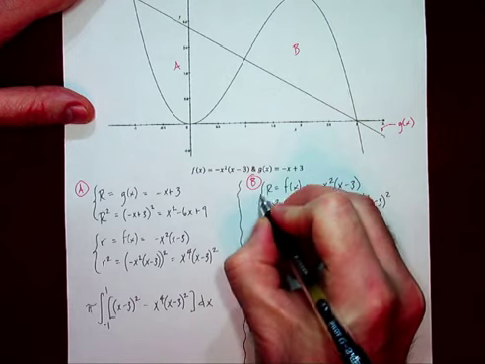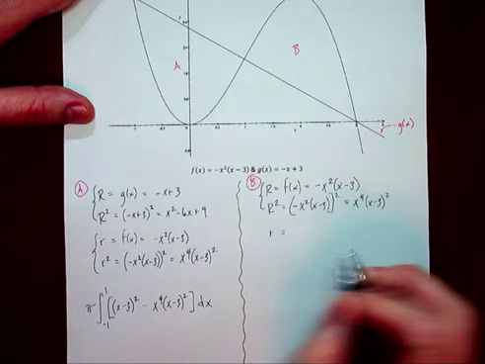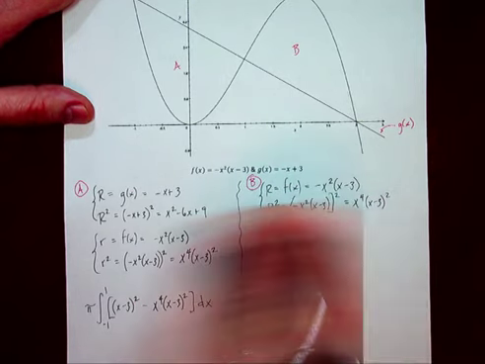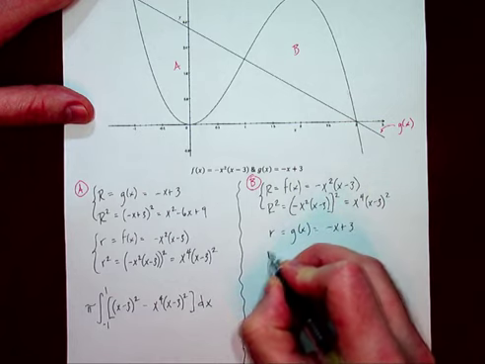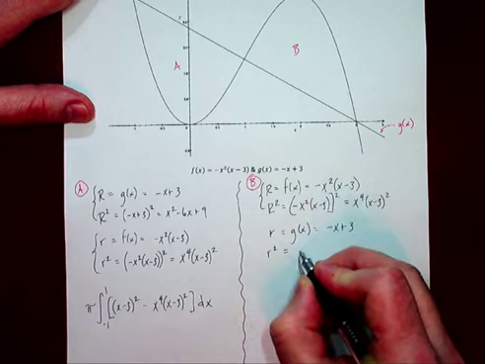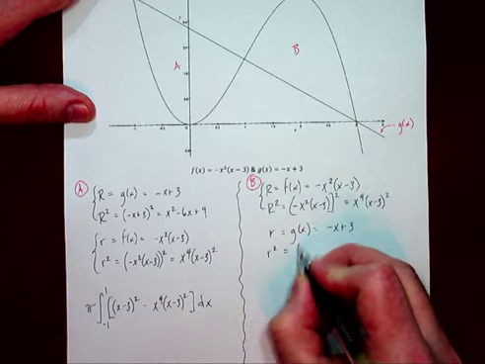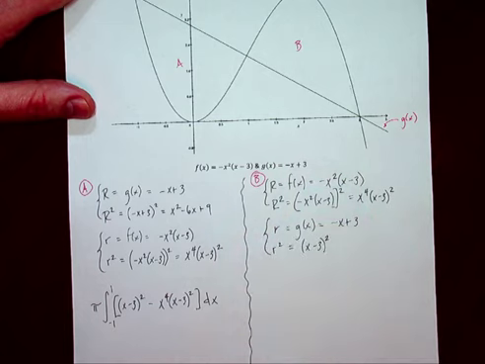Now, just like in the last one, it's going to be swapped, and so small r is g of x, or -x plus 3. And of course, when you square a difference, you might as well be squaring its opposite, because the negative gets sort of unnegativized, right?